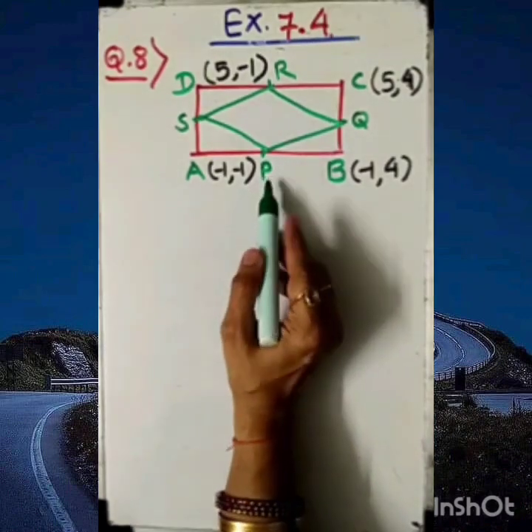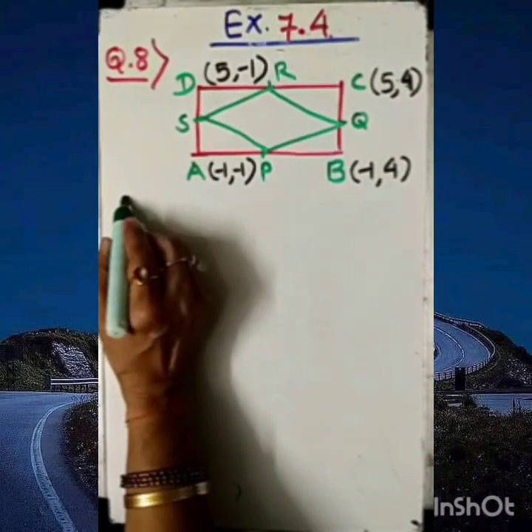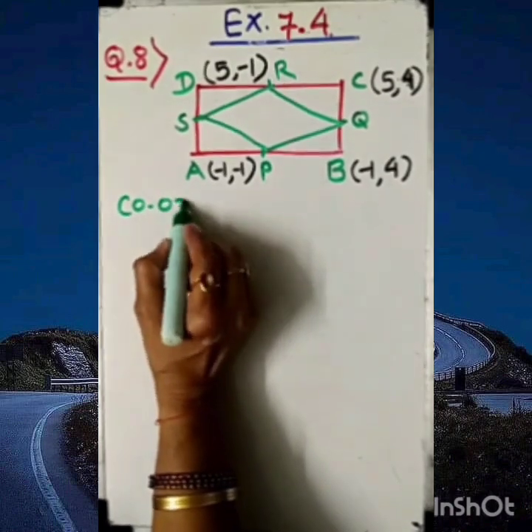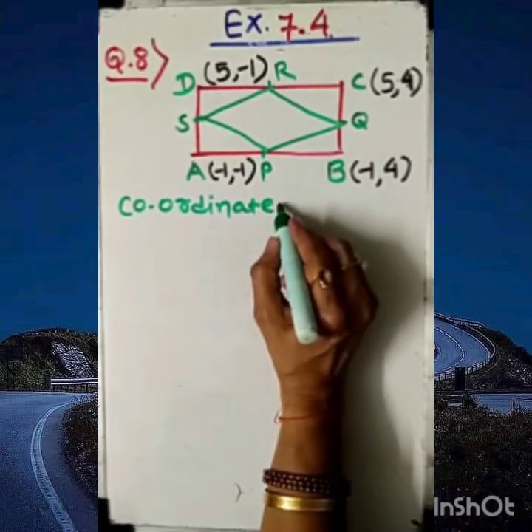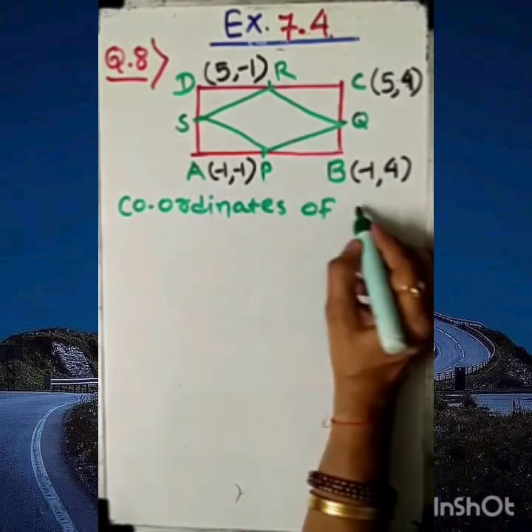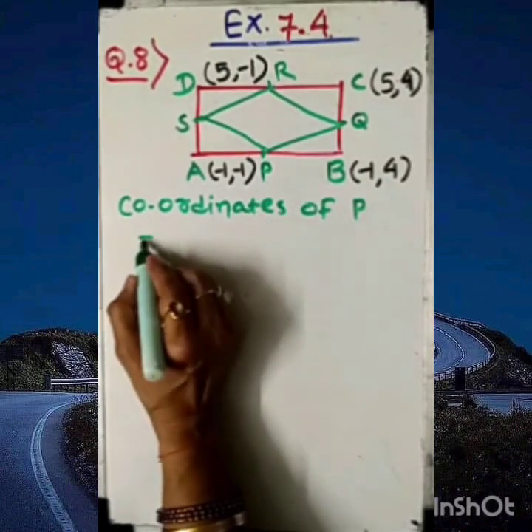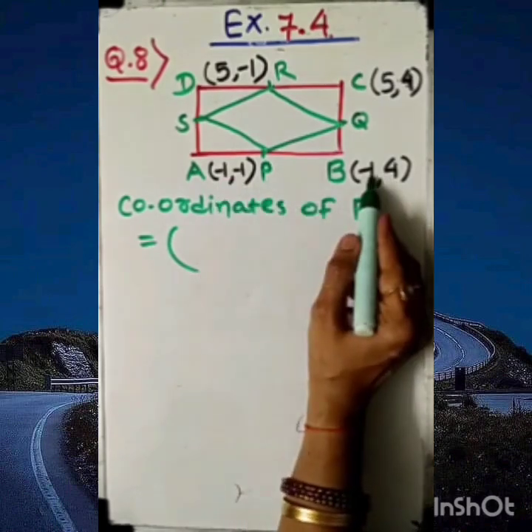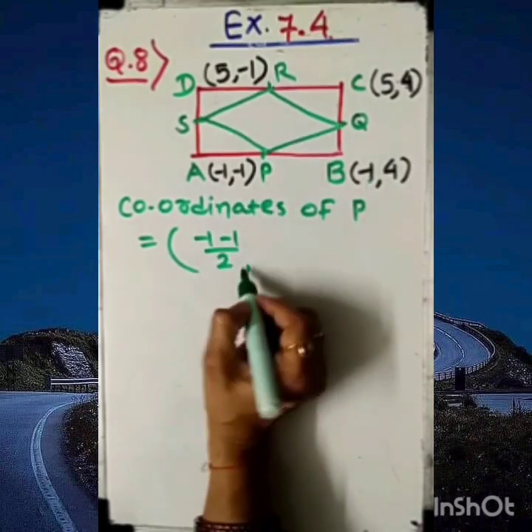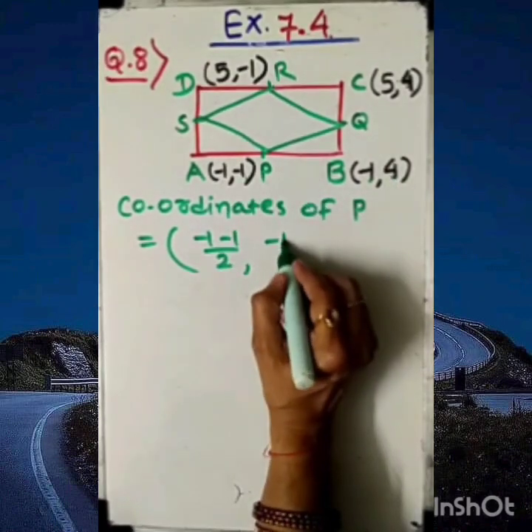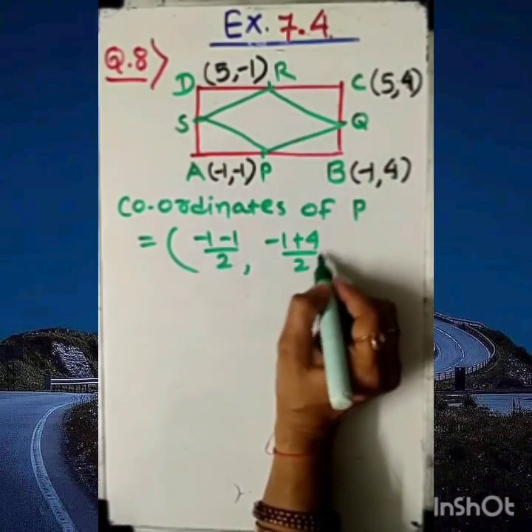What are the coordinates of P? So we need to mention here the coordinates of point P first. To find that: (-1 plus -1) divided by 2, (-1 plus 4) divided by 2.